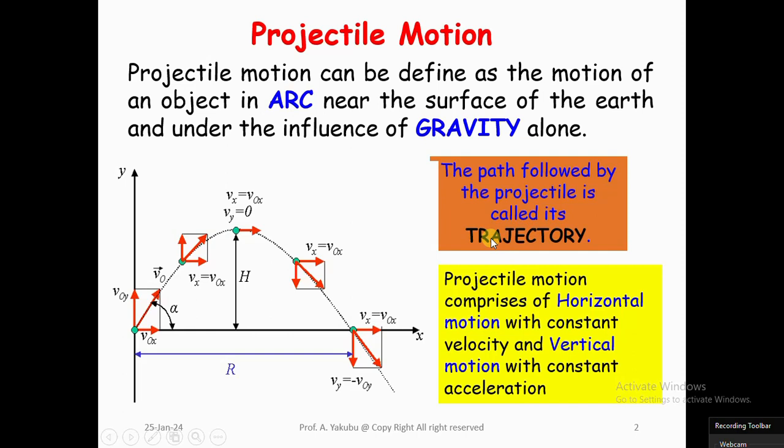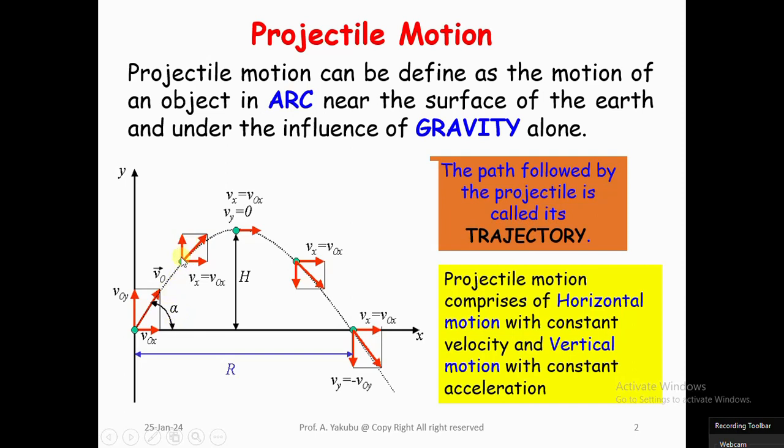So looking at the diagram, we'll notice that we have a body moving in the horizontal component, where a body is thrown from the point here. The velocity in the x direction is 0, then in the y direction it continues to move. We have velocity v0 with an angle alpha.